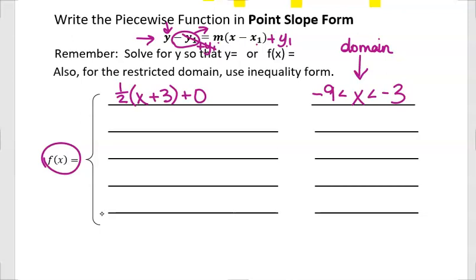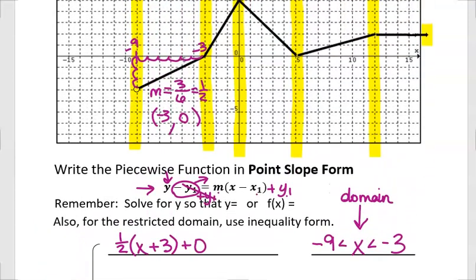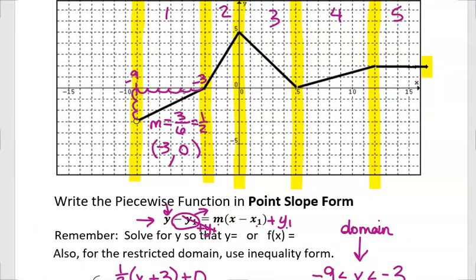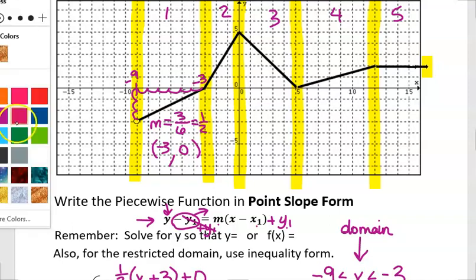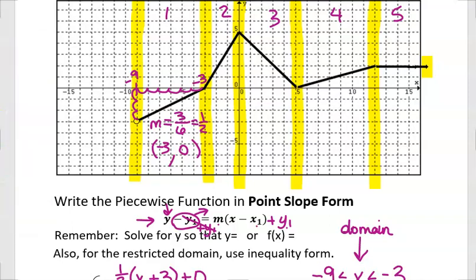I have the equation of the line, and I also have the interval, the x's, for which that equation is happening. So let's go try another one, and then we'll pause the video and let you try a few more on your own. So the next one, let me switch colors for this. There we go. The next piece starts from an x value of -3, and it travels until this boundary, which has an x value of 0.